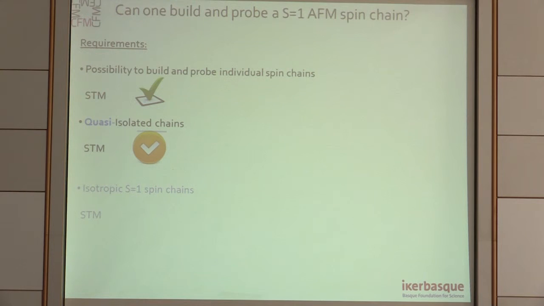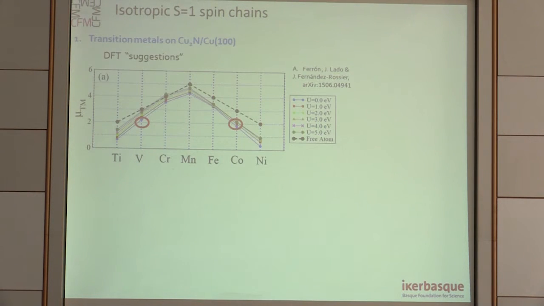So the final question, and probably the most complex, is to find the proper experimental system that will have a spin 1, an isotropic spin 1. And as we have seen these days, several transition metal atoms have been studied with STM techniques on copper nitride.